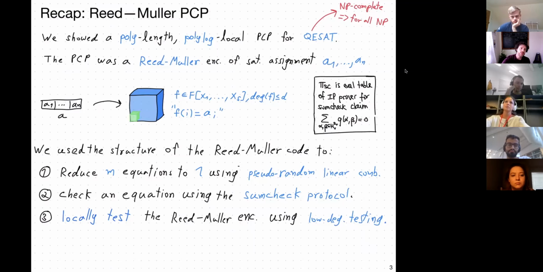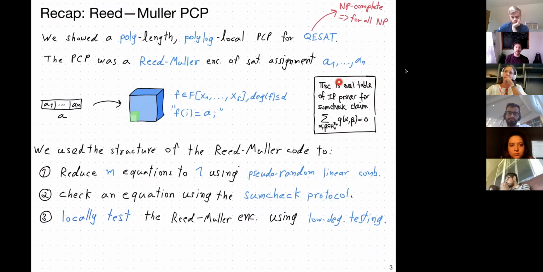And the idea was to use the Reed-Muller code, or the low-degree extension code. And we also reduced into an interactive proof system for the sum check claim. So we wrote down the entire interaction tree of an IP for sum check, and we used Reed-Muller.